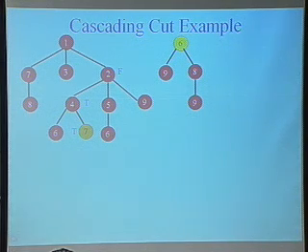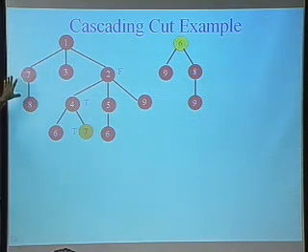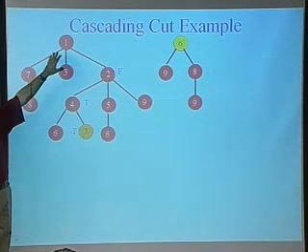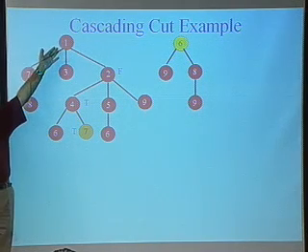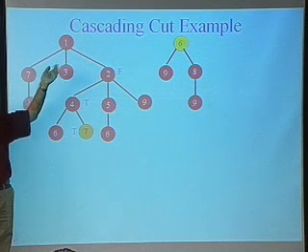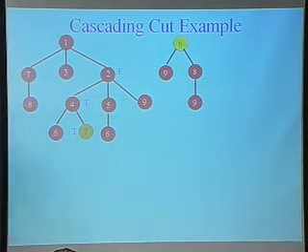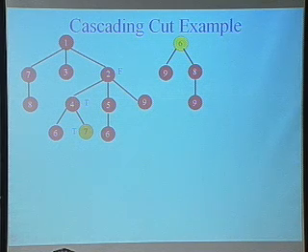So this fellow here can lose a subtree, his child cut can become true, but then if you do a remove min and it becomes a subtree of somebody, his child cut becomes false again, and now it can lose another subtree, and that's okay. So it's not that you can lose a child only once in the history of the system. You can lose children many, many times, but only once for each time you become a child of your current parent.